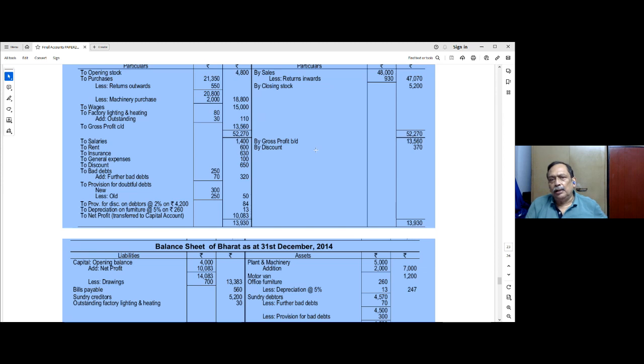Then we are going to bring down gross profit. Then we are required to carry discount received.